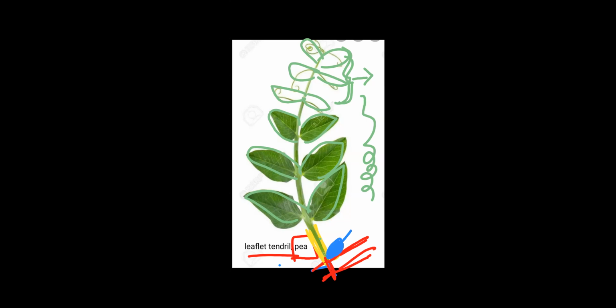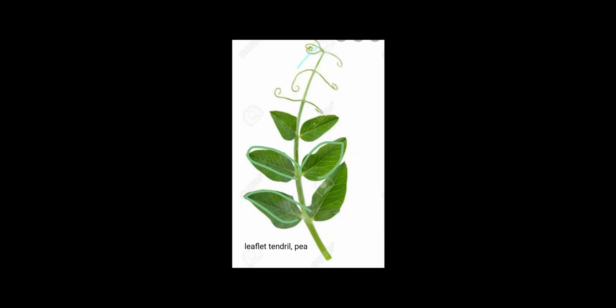So that is the first type of modification for climbing. For climbing, long spirally coiled slender structures are formed, we call tendril. This tendril arises from terminal leaflets of pea plant. Remember, leaflets terminate into tendril.